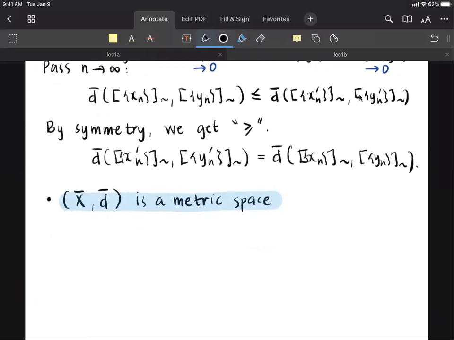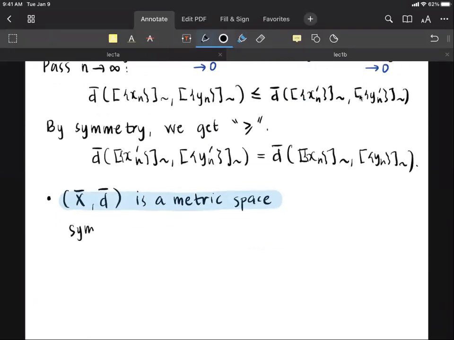Okay. The symmetry, or let's say, call that M2 and M3.